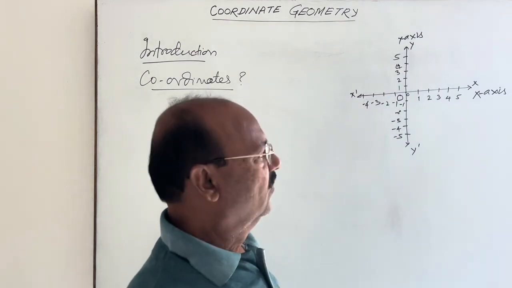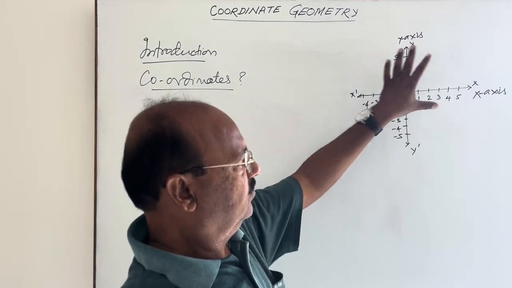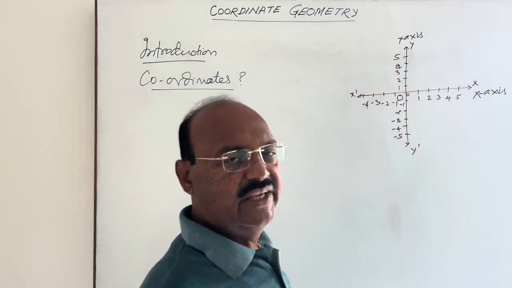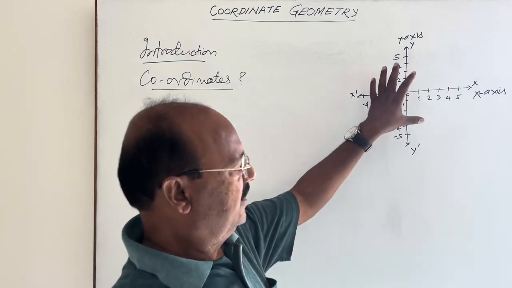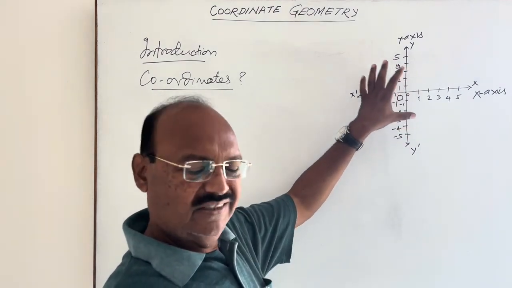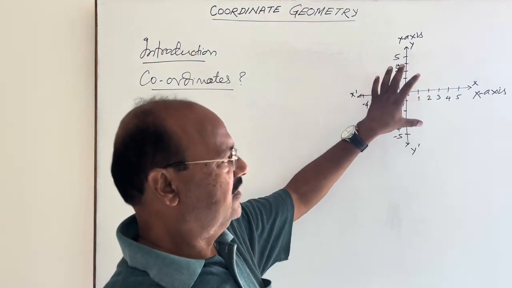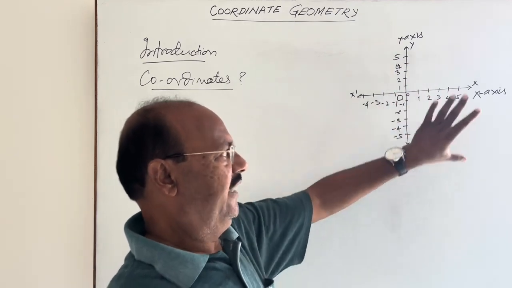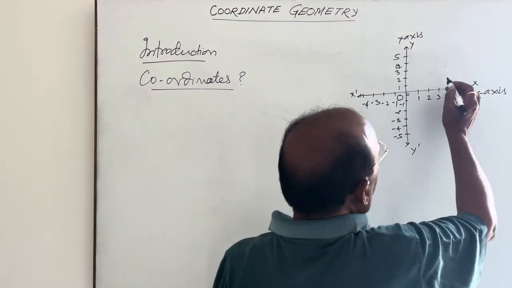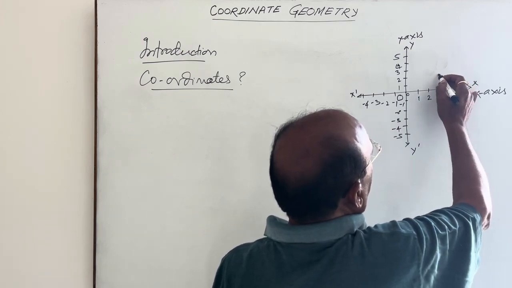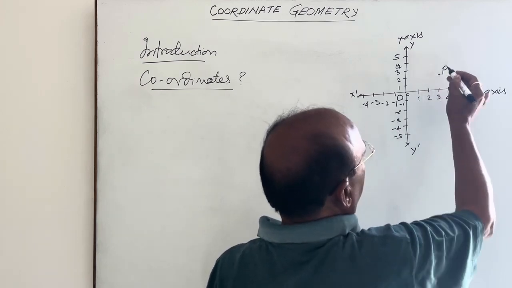And this entire diagram on this plane is known as Cartesian system, Cartesian plane, axis system. This is known as axis system on this Cartesian plane. We are taking any point here. Suppose this is point P.